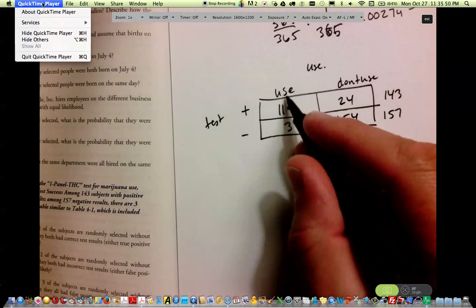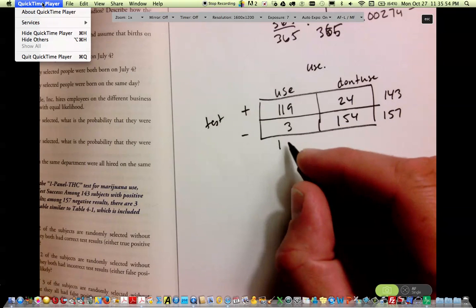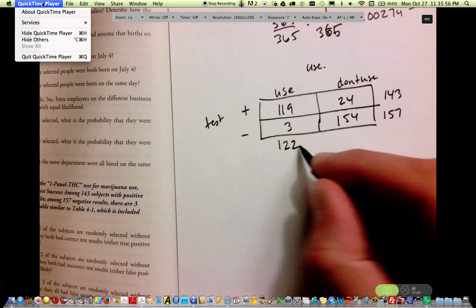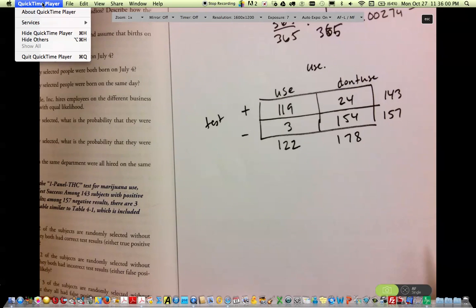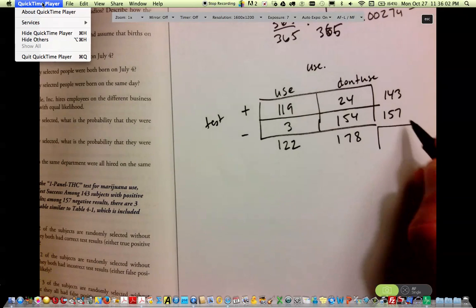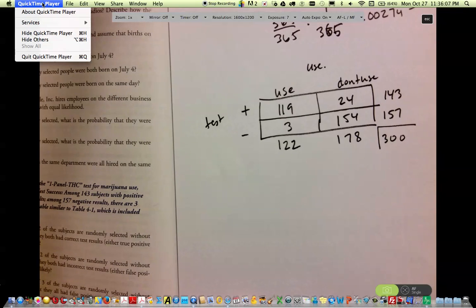So if we look at the number of drug users, there's going to be 122, and here there's going to be 178, which gives me a grand total of 300. So there are 300 people altogether.